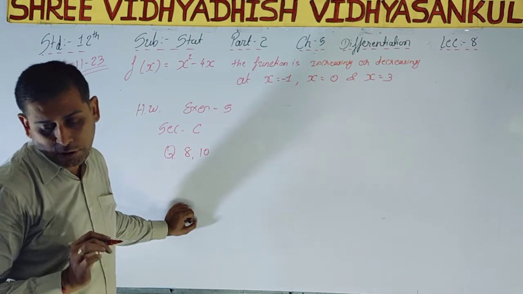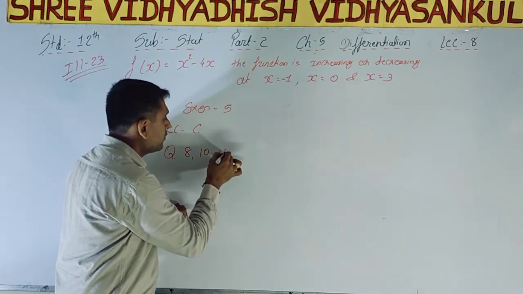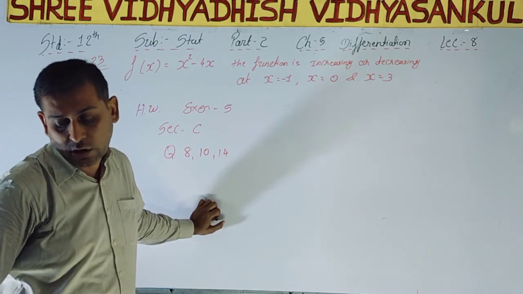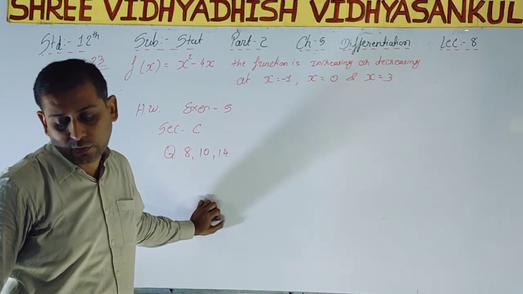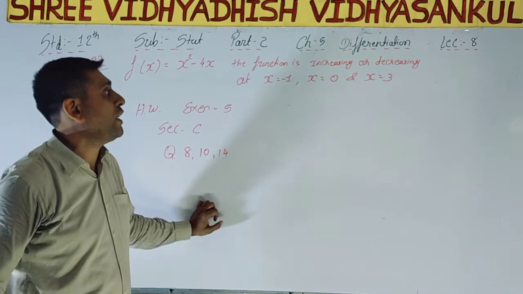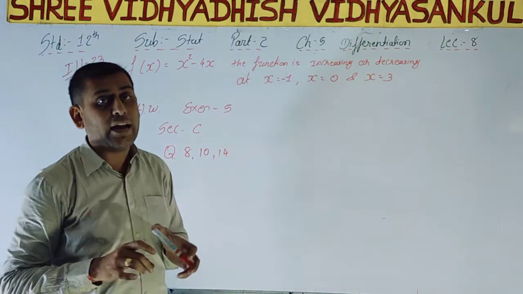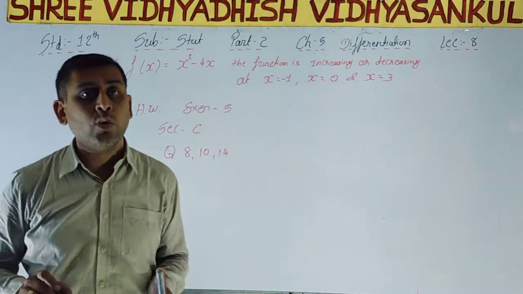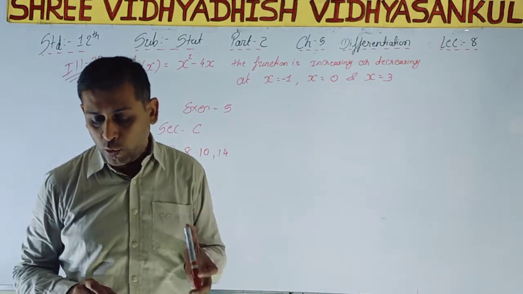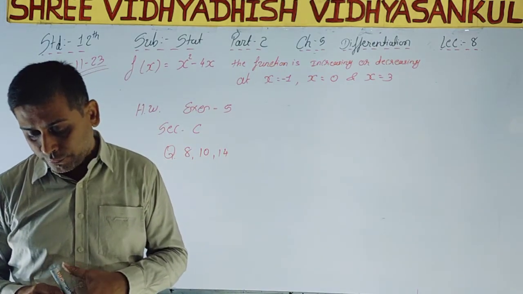Then question number 14, you have to find out whether the function is increasing or decreasing at x is equal to 2. At that time you have to find out the first derivative first, and then you have to put the value 2 and say whether it is increasing or decreasing. You have to give the answer for that particular one.